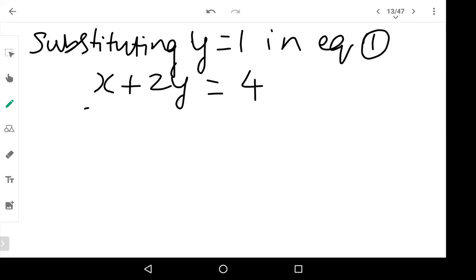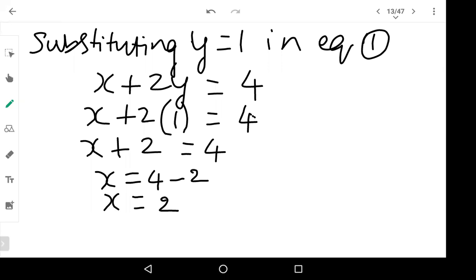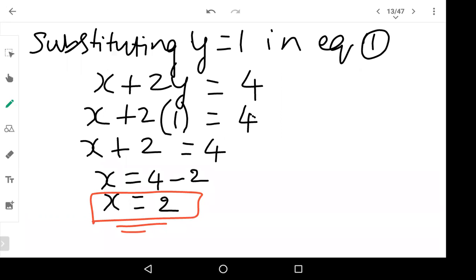So in the place of y, x plus 2 into 1 is equal to 4. x plus 2 is equal to 4. x is equal to 4 minus 2. x is equal to 2. Okay, so we got the value of x also to be 2. So this completes our method of elimination.